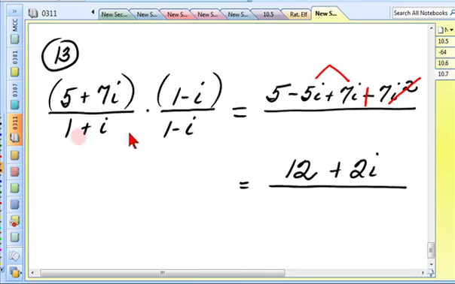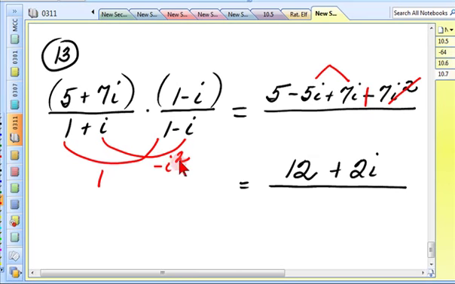Okay? When we multiply the conjugates, the product of the first is 1 times 1, which is 1. The product of the last is negative i squared. Now there's no coefficient in front of it unless you call the implied negative 1 its coefficient.